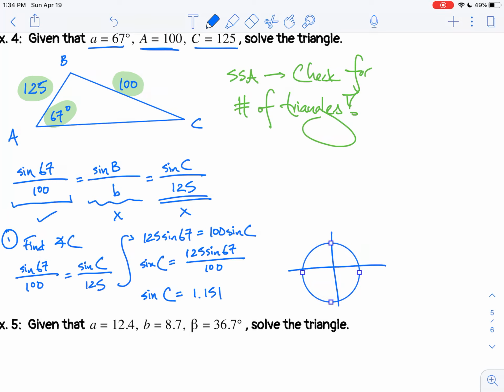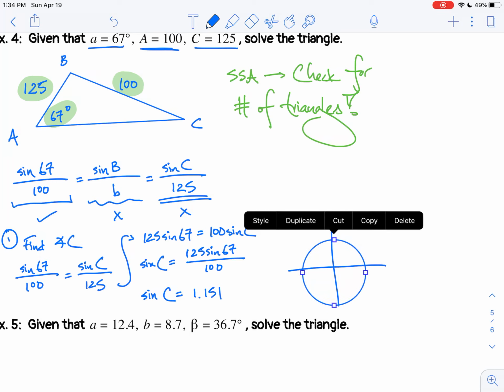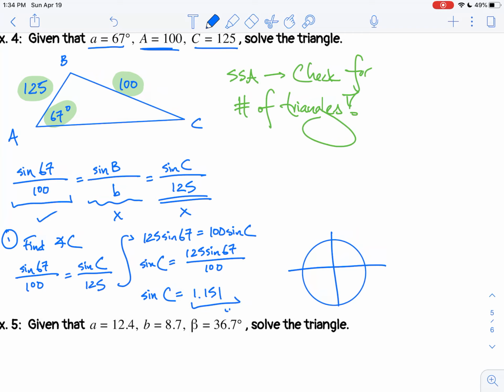So let's go back to our visual of the unit circle and see what we get. All right. Got my unit circle there. And sine of 1.151 means that I have a y value of 1.151, which would be somewhere up here. Well, that's not even on our unit circle.